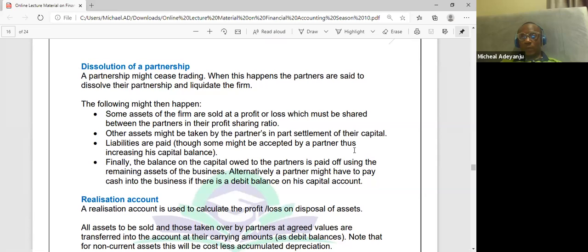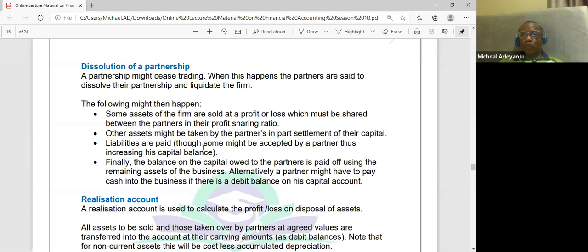The dissolution of a partnership. So a partnership might be ceasing trading. When this happens, the partners are said to dissolve their partnership and liquidate the firm. The following steps must happen. Some assets of the firm are sold at profit or loss, which must be shared by the partners. Other assets might be taken by the partners in part settlement of their capital.